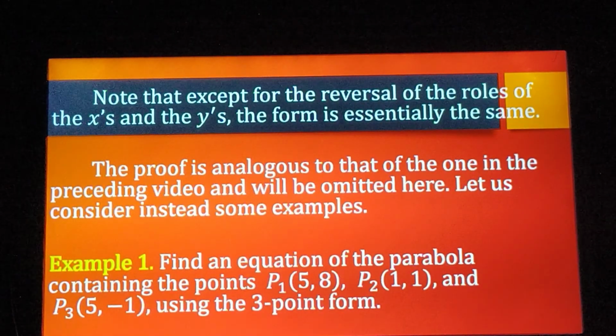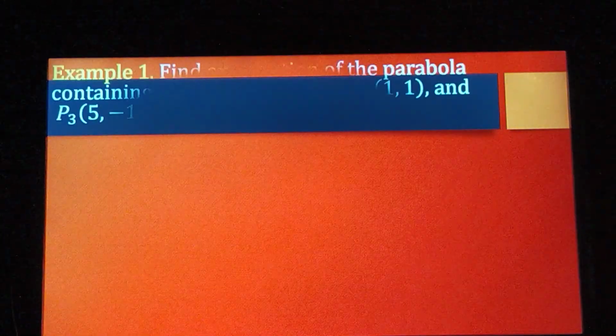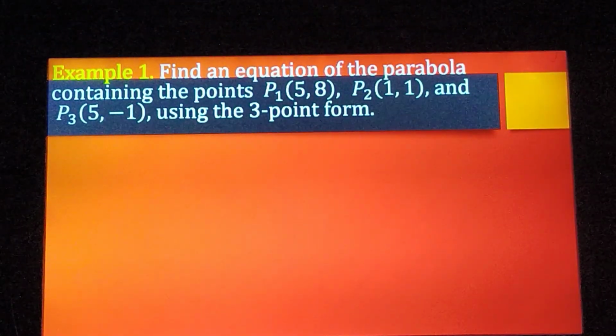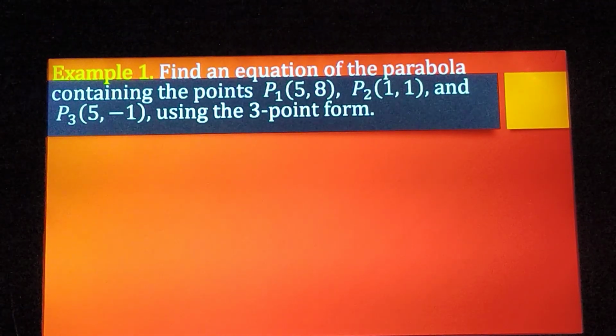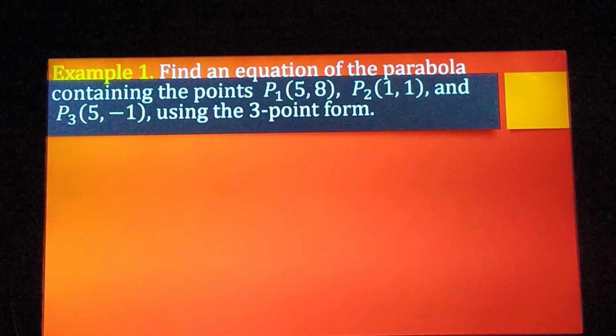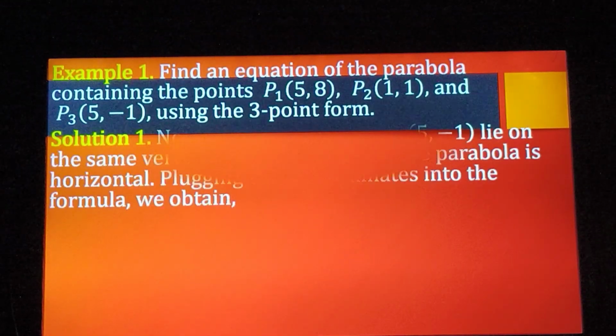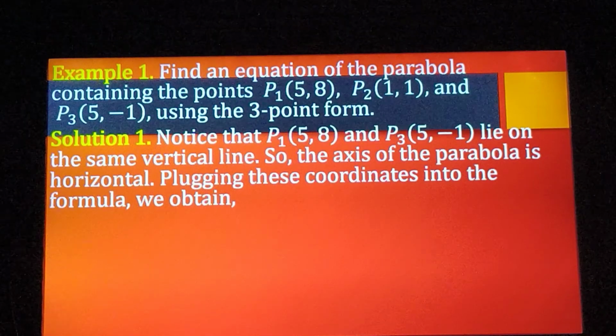Example number 1. Find an equation of the parabola containing the points P1, P2, and P3 using the three-point form equation. The coordinates of P1 is (5, 8), P2 has (1, 1), and P3 has (5, -1). Solution. Notice that P1 and P3 lie on the same vertical line because their abscissas are the same, 5. So the axis of the parabola is horizontal.